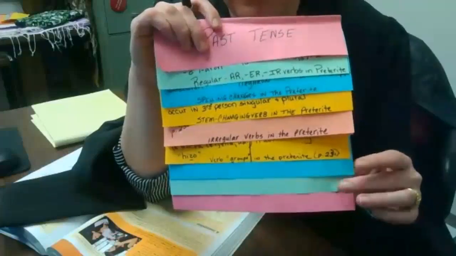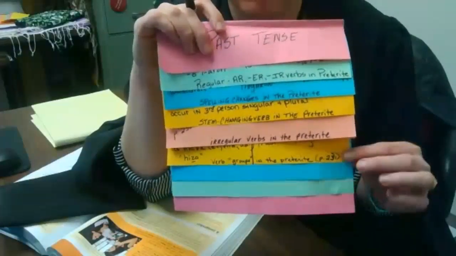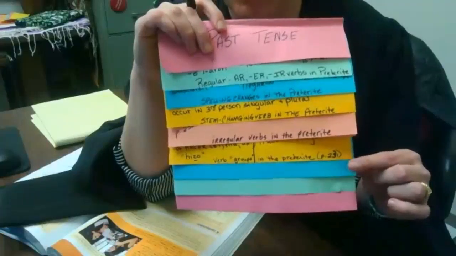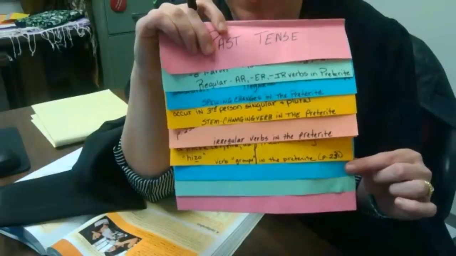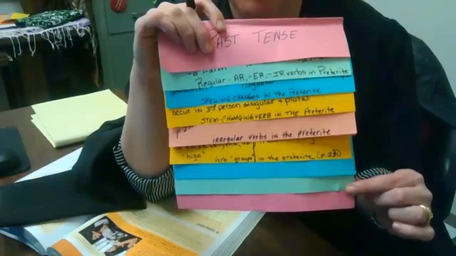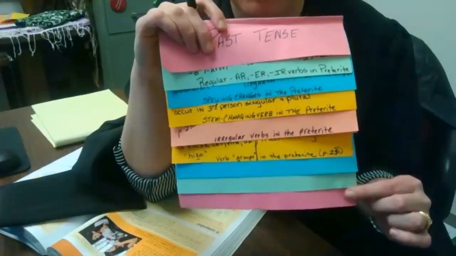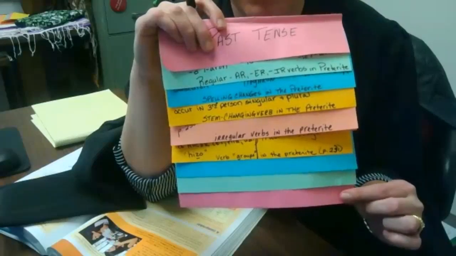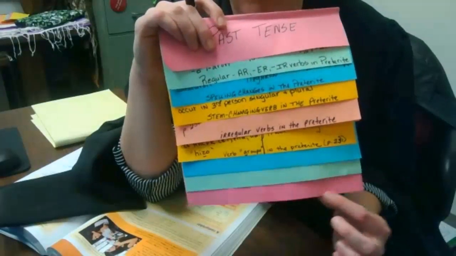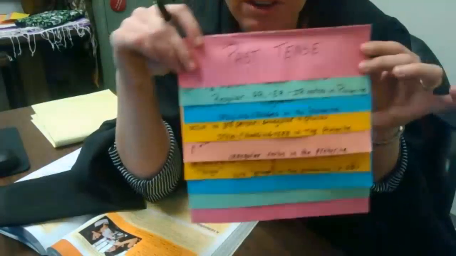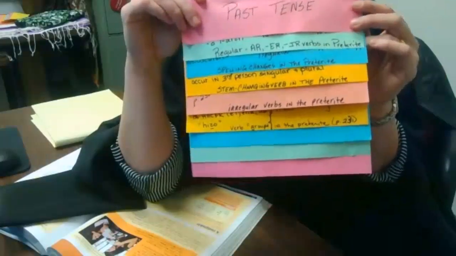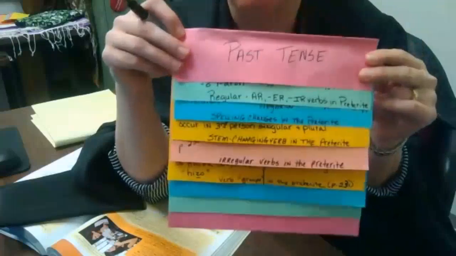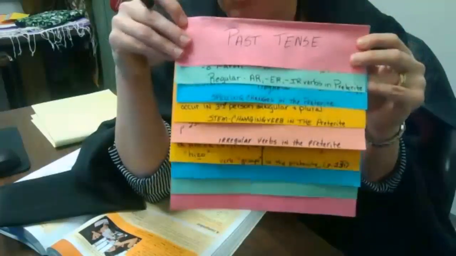And again, like I said, on these last 3 pages, we're going to introduce the other past tense, the imperfect. We're going to do the imperfect here, the irregular imperfect here, and then I'm going to teach you how to use the two together, the preterite and the imperfect together on this sheet. So all of your information from chapters 6, 7, 8, and 9 are going to be right here in one place. So that's why I think this book is so handy.